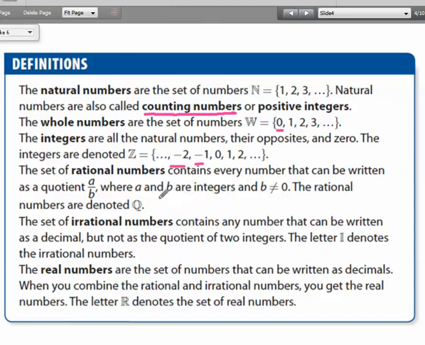Sorry. Fraction. Irrationals are crazy numbers like pi, the square root of 2, the square root of 7, okay? And real numbers are everything.